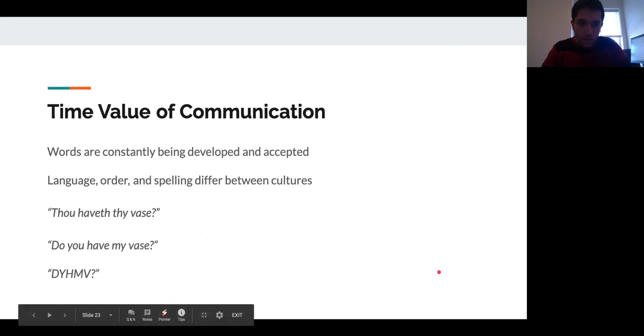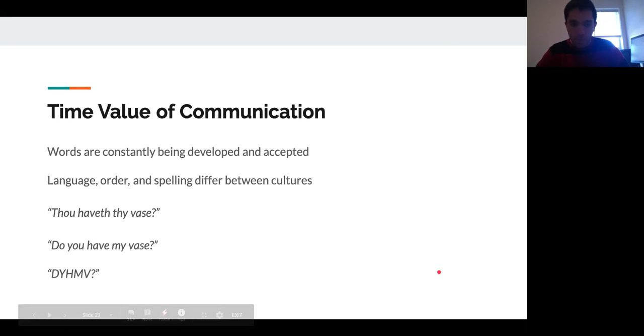Moving forward, there is a time value associated with communication, right? Words are constantly being evolved, developed, and accepted. There is a language order and spelling difference between cultures. For example, between cultures, linguistics have told us that languages are a reflection of the innate human behavior to traverse and explore and conquer, ultimately.